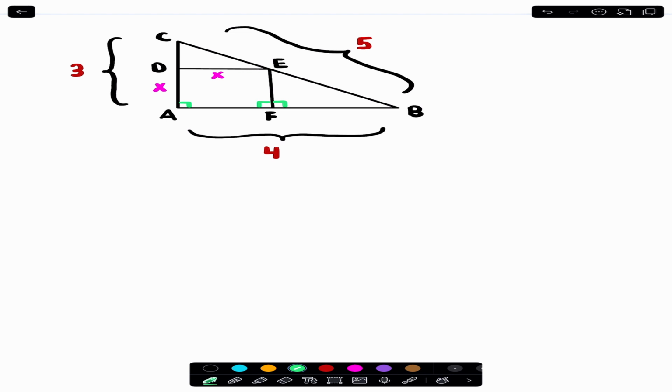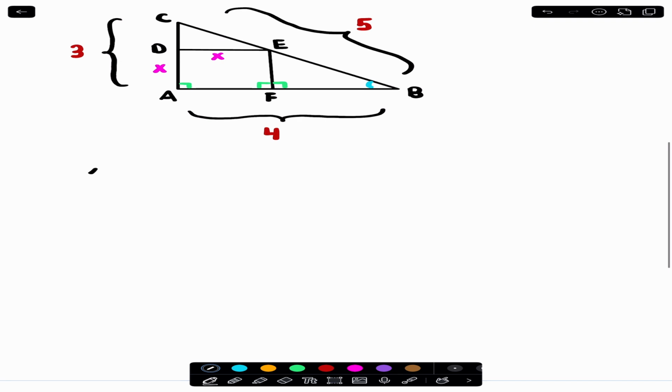We also have this angle over here that I'm going to mark in blue, and now hopefully you can see a pair of similar triangles. Remember the concept of a small triangle lying within a bigger triangle. This is something that we see come up a lot in similar triangle problems.